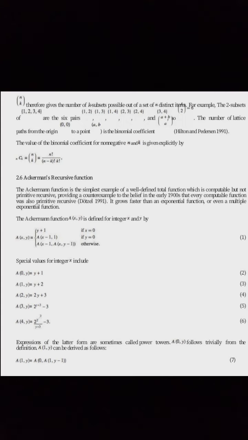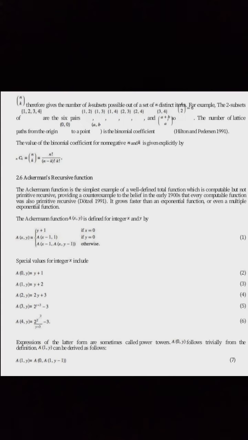It grows faster than an exponential function or even a multiple exponential function. The Ackermann function A(x, y) is defined for the integers x and y by A(x, y) is equal to y plus 1 if x is equal to 0, A(x minus 1, 1) if y is equal to 0, A(x minus 1, A(x, y minus 1)) otherwise.